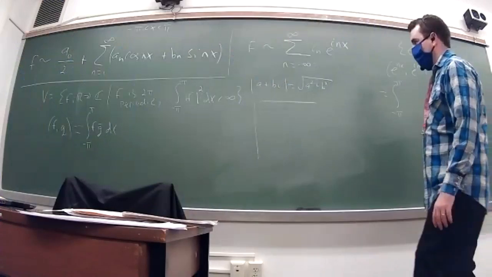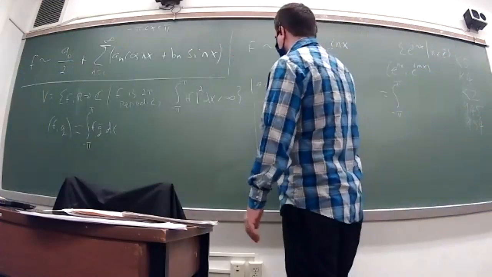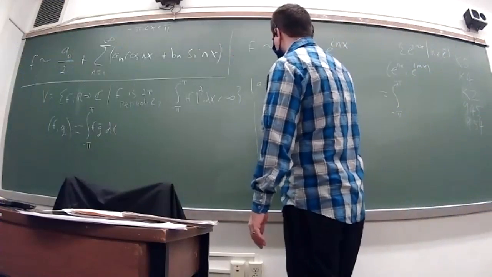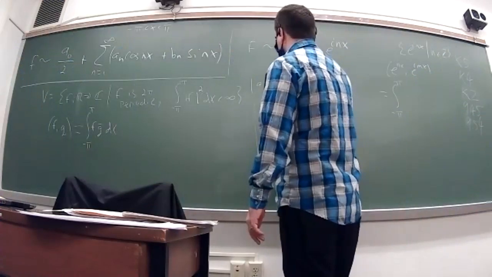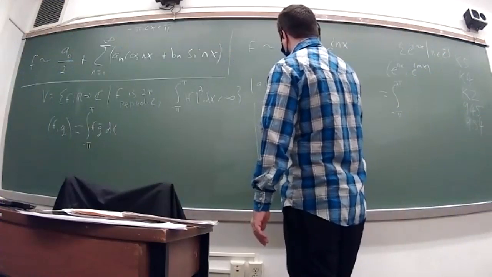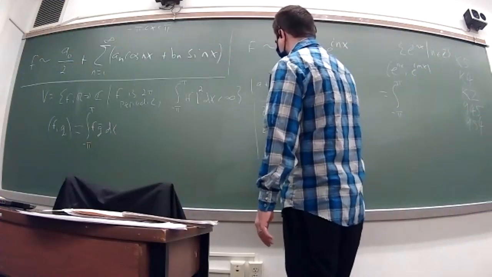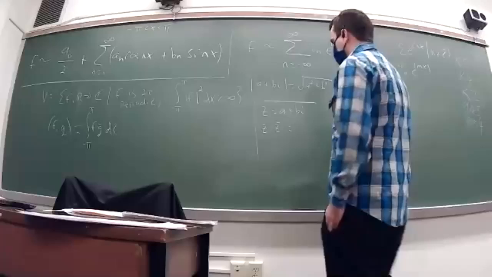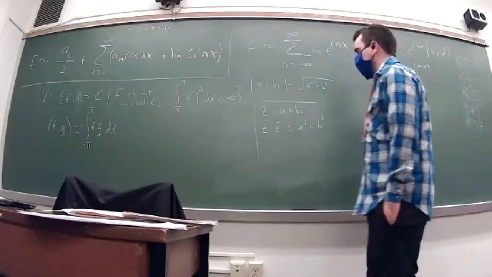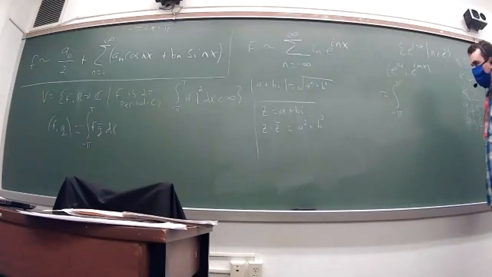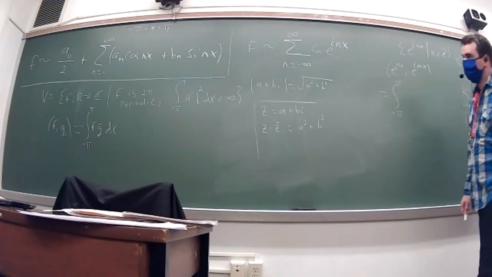And why does that kind of make sense? Well, let's call this complex number z equals a plus bi, and look at z times z bar, then this is a squared plus b squared.